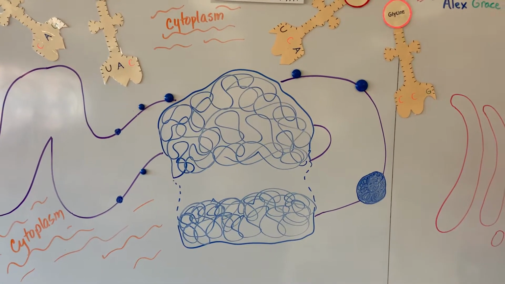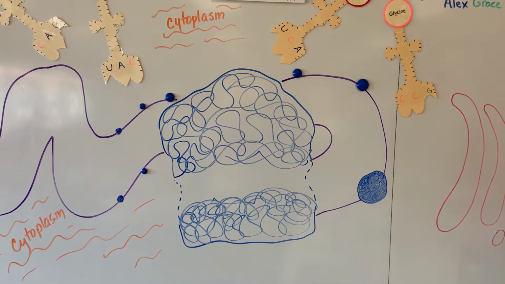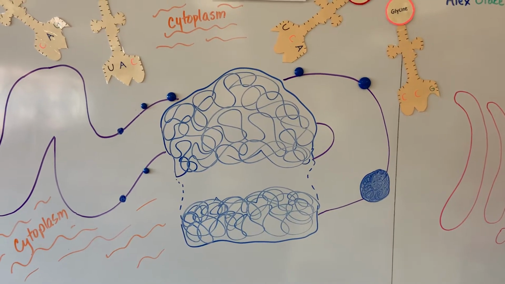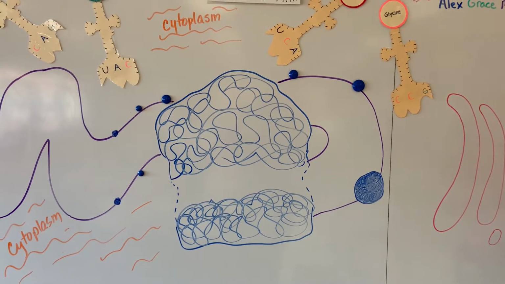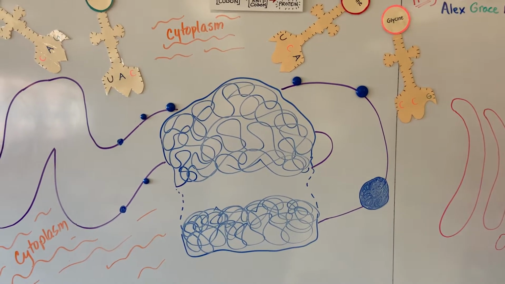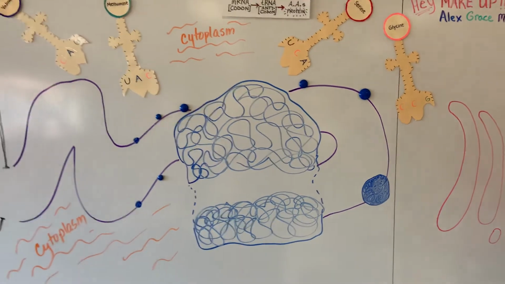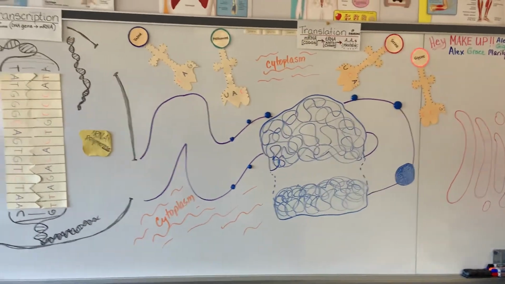Just like if you're standing outside, a tree that is closer to you looks bigger than a tree far away, a ribosome that is close to you is huge, right in front of your face, and the ribosomes that are further away are smaller. So remember that we're trying to model something that is actually three-dimensional.